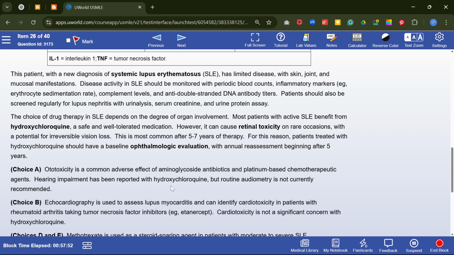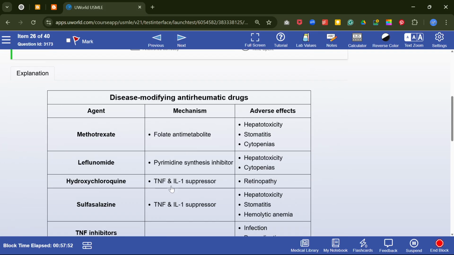Okay, yes. Methotrexate is a folate antagonist, folate antimetabolite. Methotrexate side effects are hepatotoxicity, stomatitis, cytopenia. Leflunomide, pyrimidine synthesis inhibitor, causes hepatotoxicity and cytopenia.